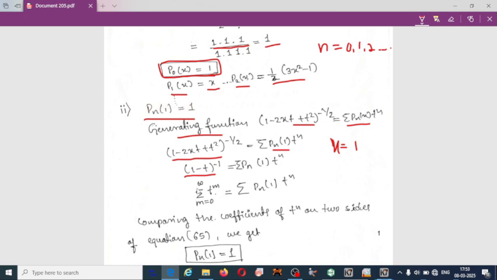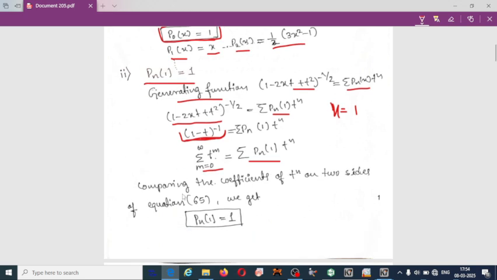If we write this equation in terms of power series, that is equal to summation m equal to 0 to infinity t to the power m, which equals summation Pn of 1 t to the power n.